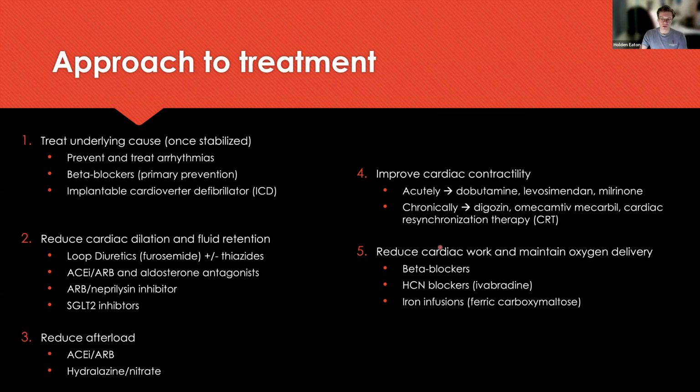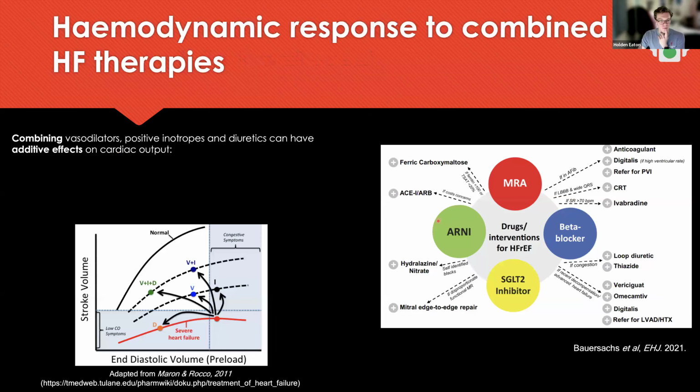You can't really do this until you have improved the efficiency, because if you're just making the heartbeat slower, yes, you're saving the heart from the pathological feedback loop, but you're still leaving someone slightly uncompensated. So you would want to improve cardiac contractility as well.